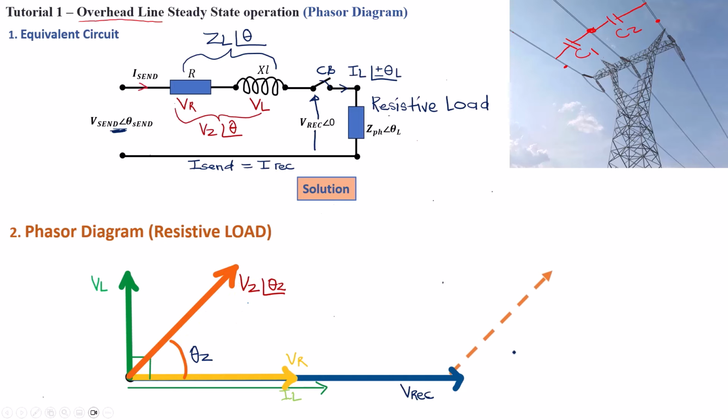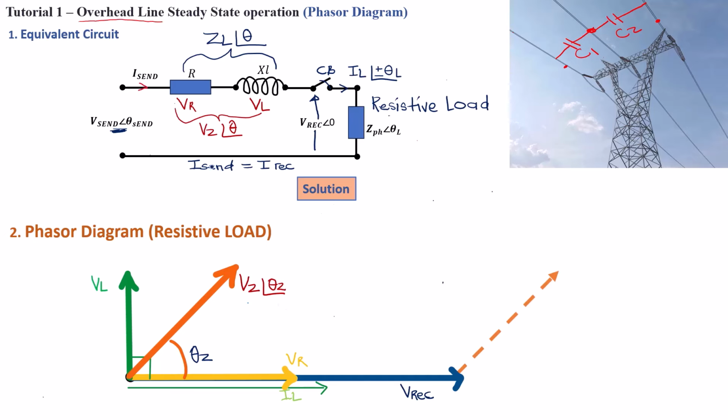Great. So now we know that we can calculate V sending end by adding VZ plus VR, and that will also give us the angle of V sending. If we know the angle of V sending, we can draw it so that we know exactly where V sending stands from the origin.